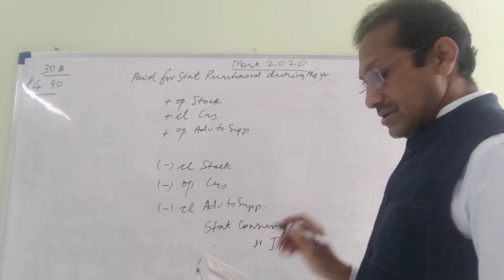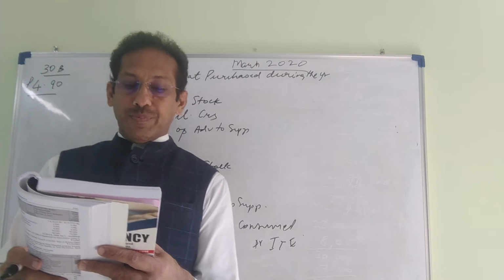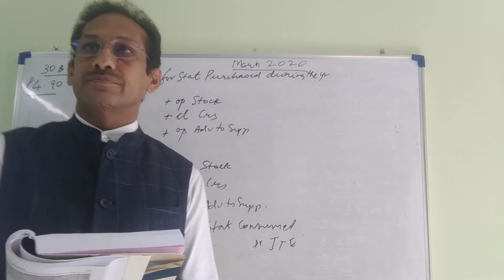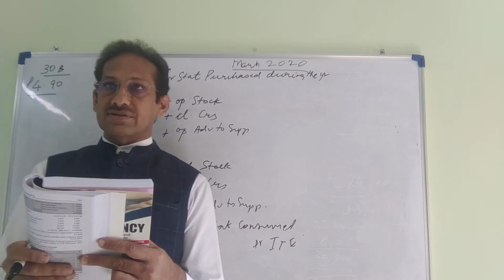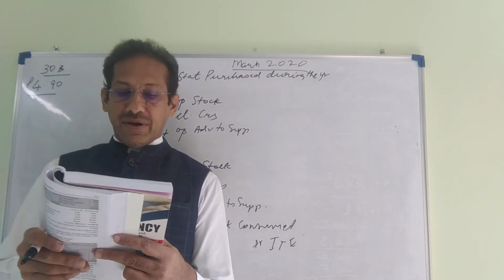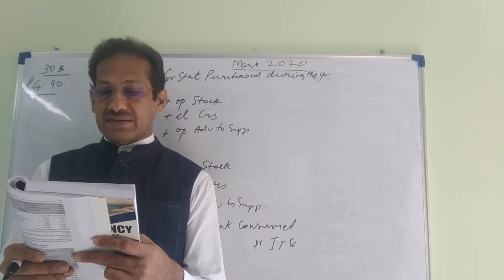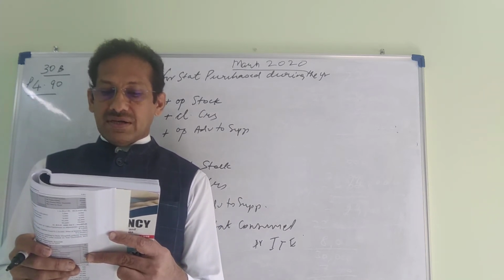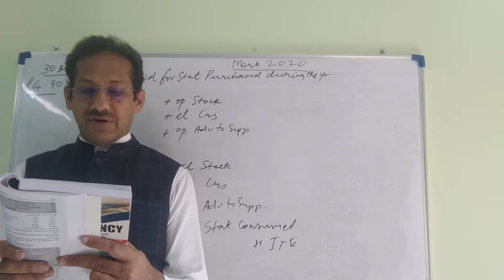We have to find out the amount to be debited to the income and expenditure account. They have given the opening stock is 8,500, closing stock is 9,300. Opening advance paid to supplier is 15,000 and closing advance paid to supplier is 19,500. Opening creditors is 11,500 and closing creditors is 9,400.